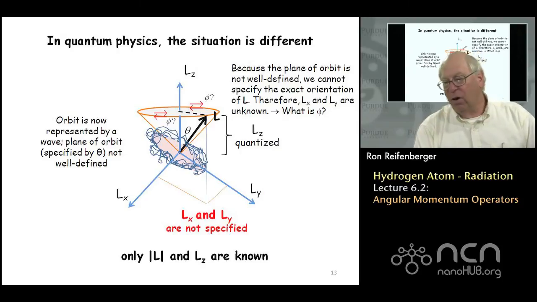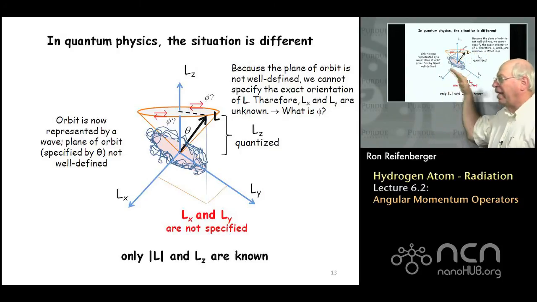Because that wave is delocalized in space, the plane of the orbit is not well defined. It's not as clear as it was when the particle was a classical particle. And the consequence of that is that only one component of the angular momentum can be known, and that component is the Z component of the angular momentum.